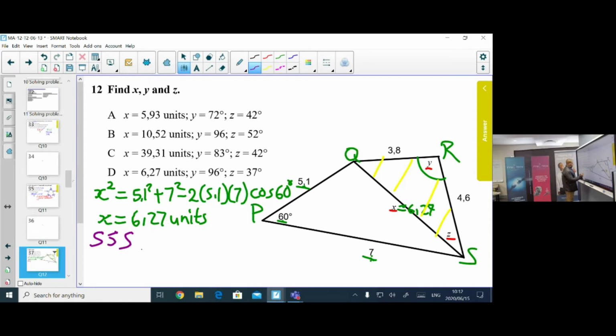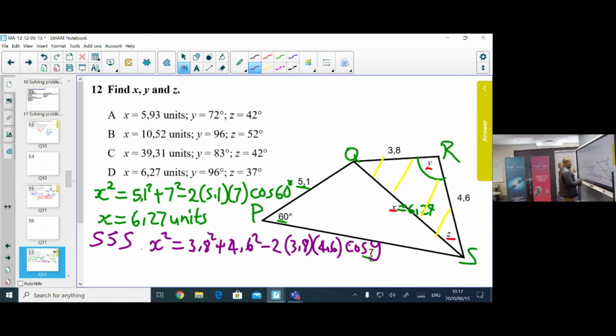So to do that, we can even start with x squared equals to, then we have these 2 other sides, which is 3.8 squared plus 4.6 squared minus 2 times 3.8, 4.6 times cos y.